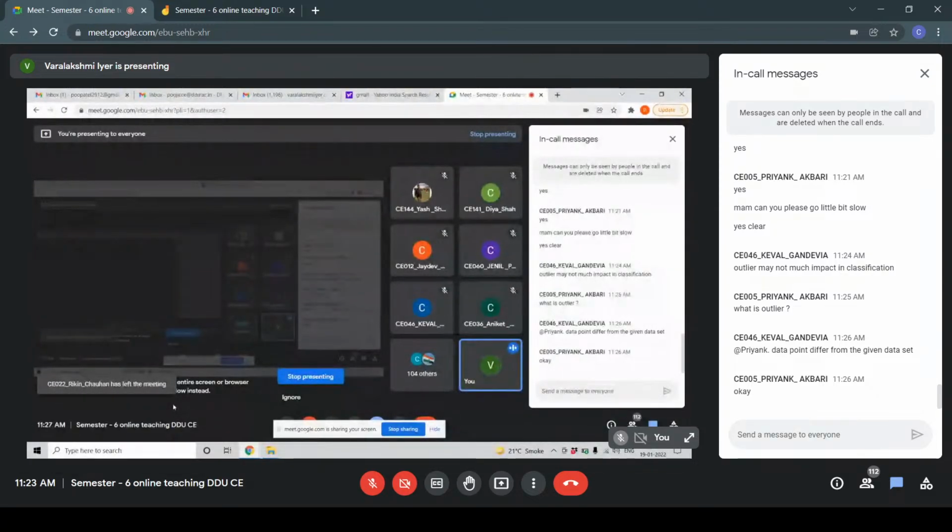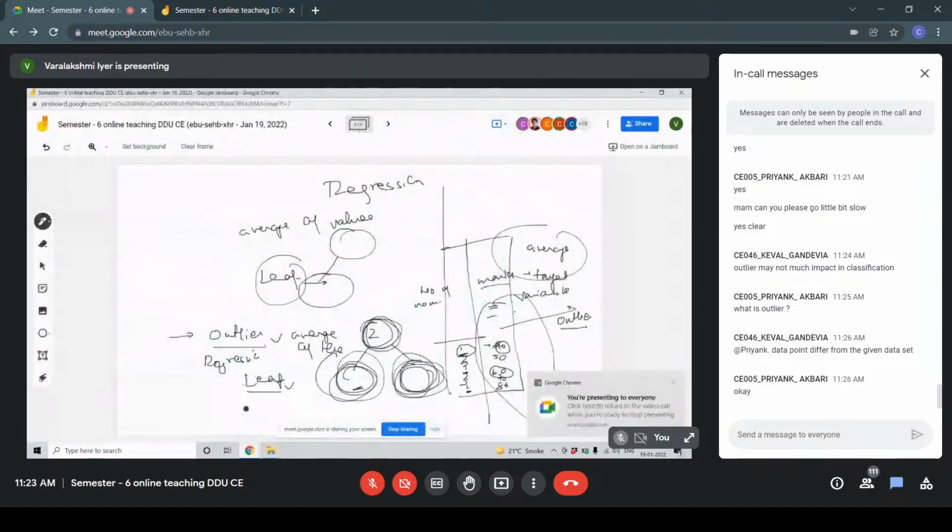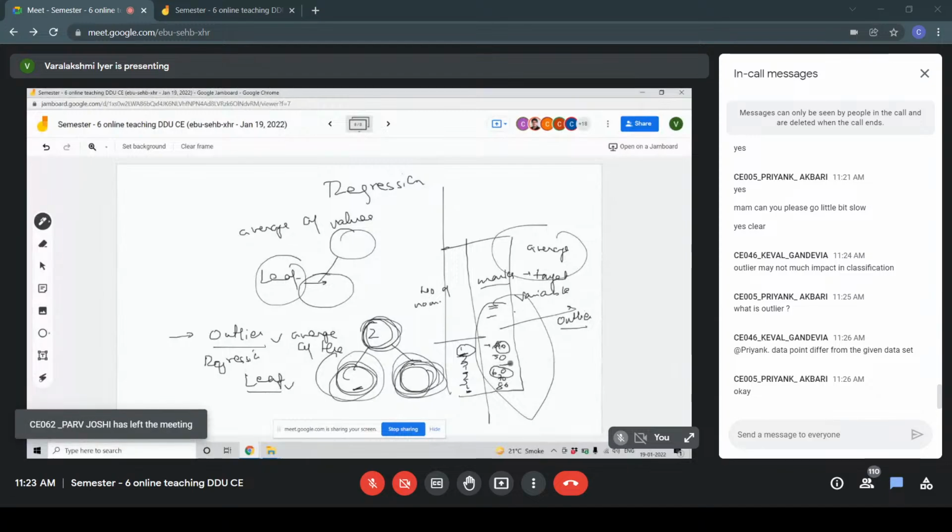So, what is an outlier? Suppose it is a data point that differs from the given data set. Yes, that is correct. For example, if we are estimating marks, most of the marks will be within 100.